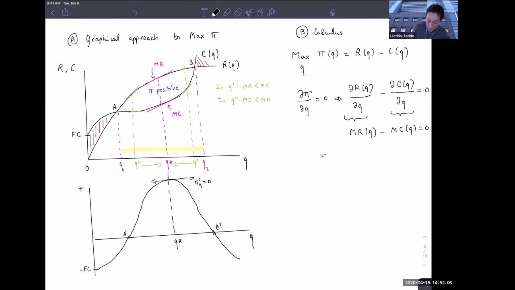So just rearranging this equation, we know that at the optimum Q star, I should put Q star everywhere here, marginal revenue equals marginal cost. Okay, so that's what we have shown on the graph. Profit is maximized where marginal revenue equals marginal cost.